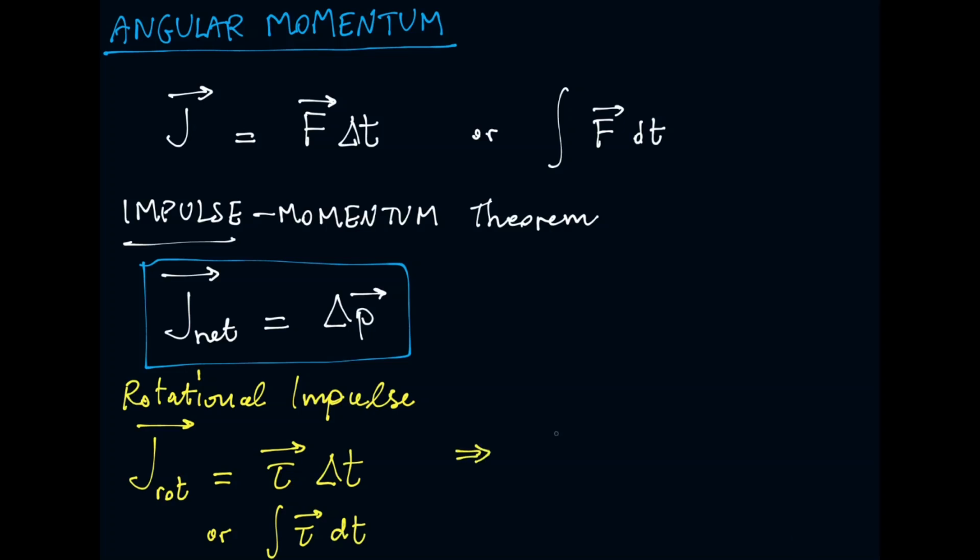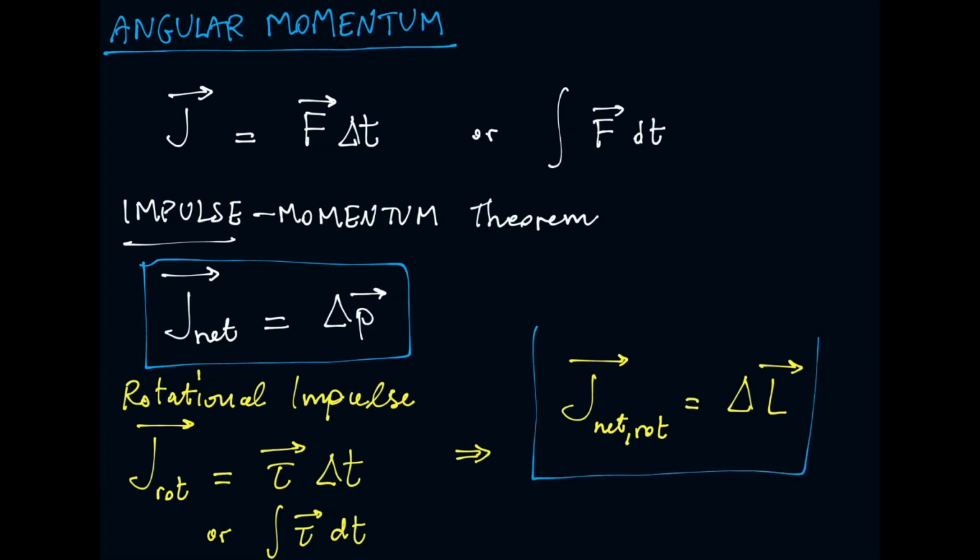And you can write the impulse momentum theorem for rotations, which reads that the net rotational impulse is equal, unsurprisingly, to the change in angular momentum. Again, we're literally simply replacing verbally: whenever we say linear impulse is equal to the change in linear momentum, the angular impulse or rotational impulse is equal to the change in angular momentum, right?